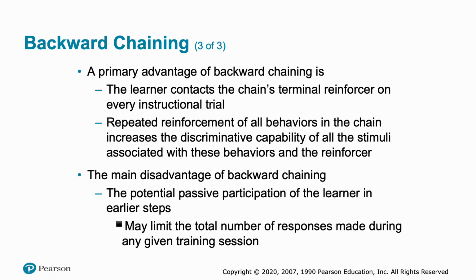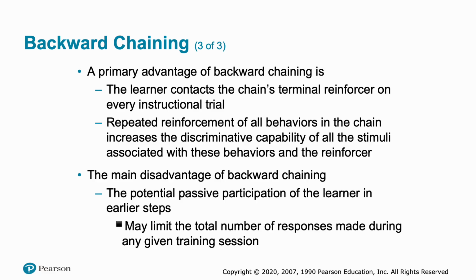So a primary advantage of backward chaining is that the learner contacts the chain's terminal reinforcer on every instructional trial, which I demonstrated for you guys. I mentioned, when they first work on step 11, they always contact that terminal reinforcer. Then they work on 10 and 11, but they're still contacting that terminal reinforcer, and so on and so forth. As you progress through the steps, they're still always going to contact the terminal reinforcer.